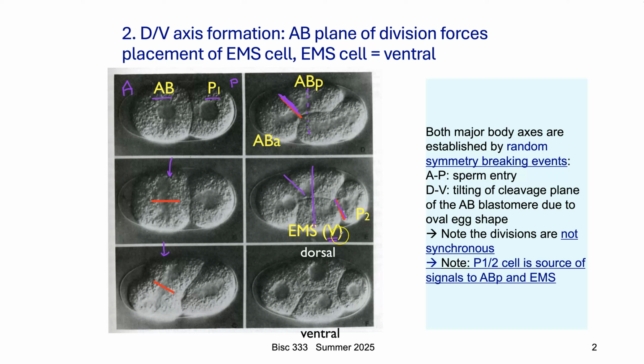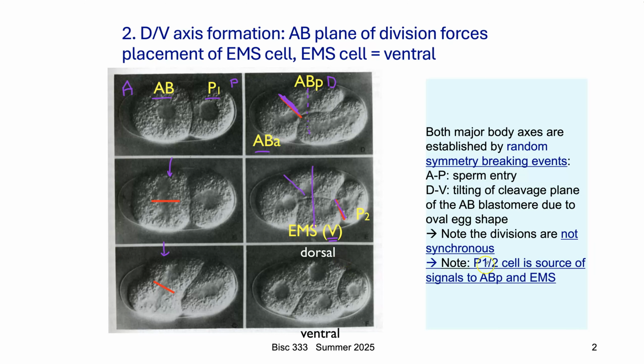And so therefore, because this is ventral, that then automatically means this is called the ABP cell, and it does have a more posterior fate than this one. So of these 2 cells, this is posterior, but also it is on the dorsal side of the embryo.